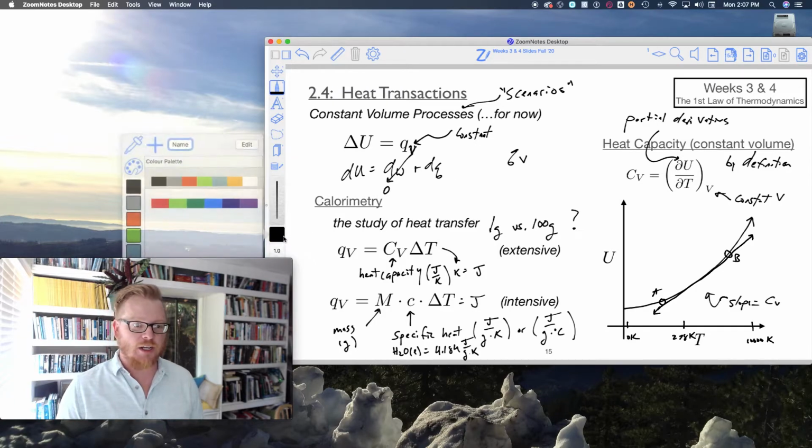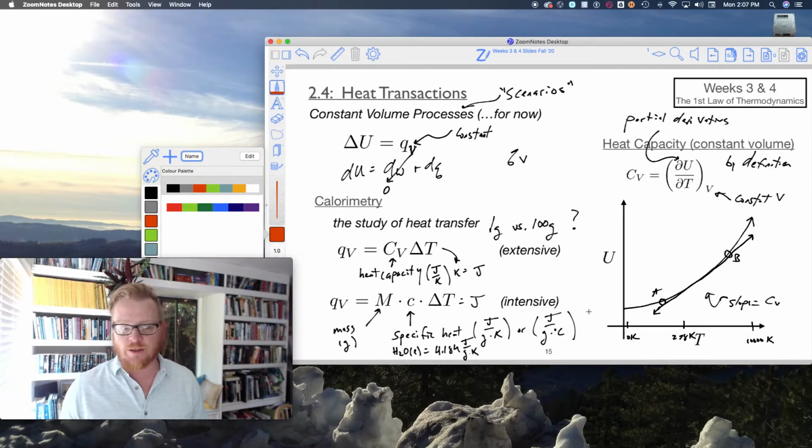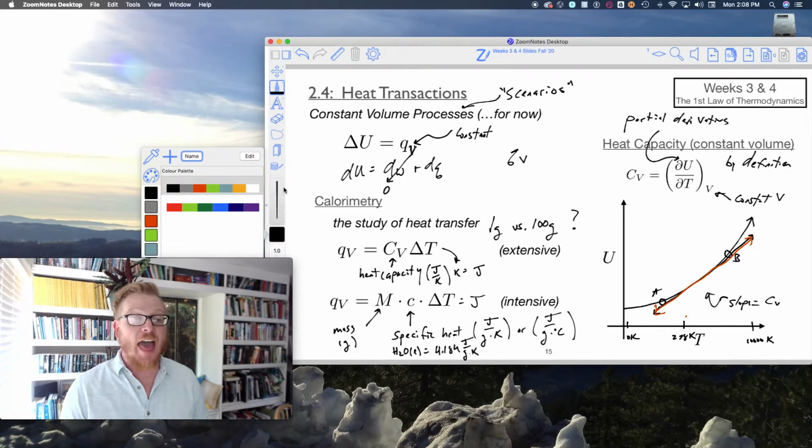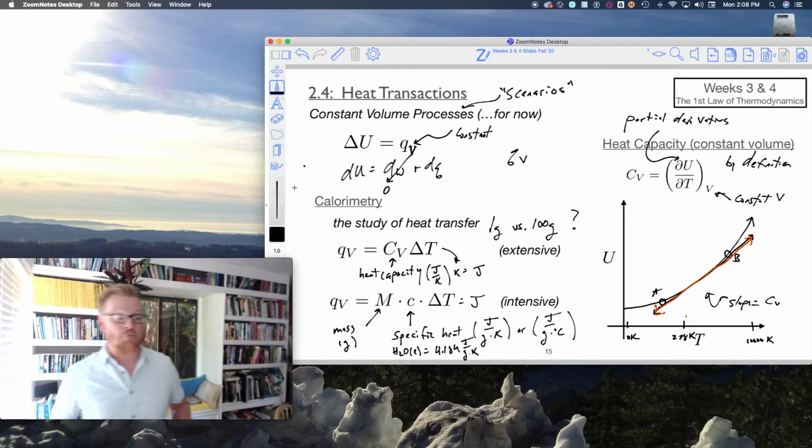So over some range, thereabouts in room temperature, that slope of U versus T will be constant, okay?